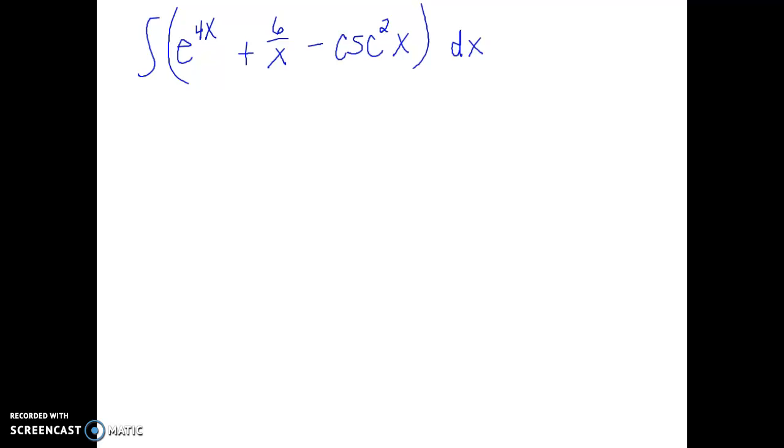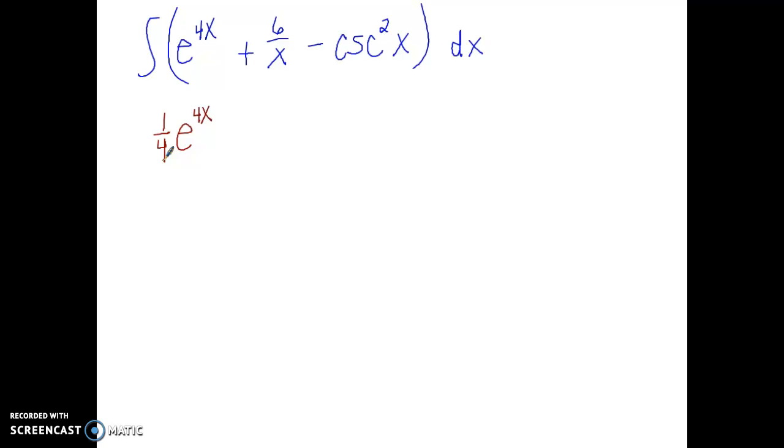Okay, my next example. Here I have e in it. So if I integrate that, I would still have e to the 4x, and then my formula says divide by 4. There's a coefficient of 1 in front, so I'm going to show that as 1/4.